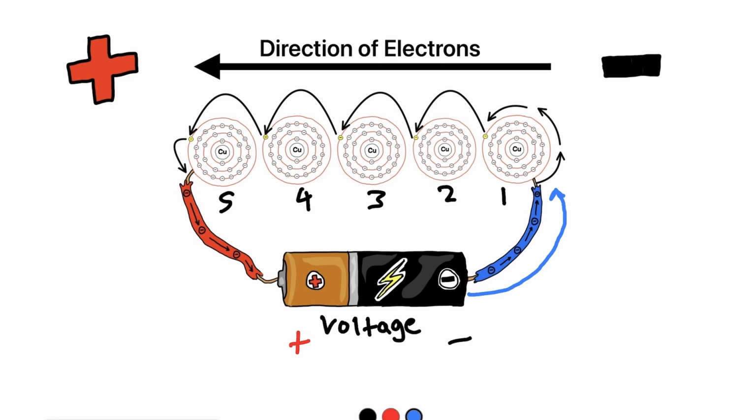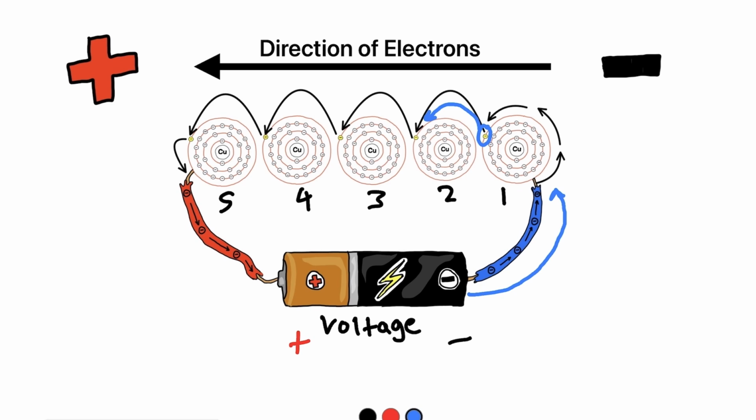So on copper atom number 1, the free electron, which is this one, that is represented in yellow, that small electron on the outermost shell, will jump to the next atom. So it will jump to copper atom number 2.